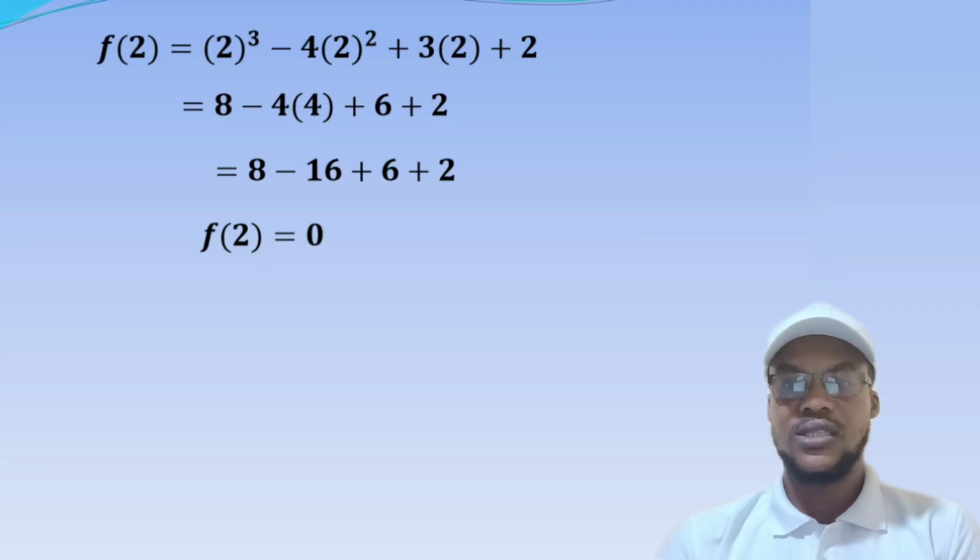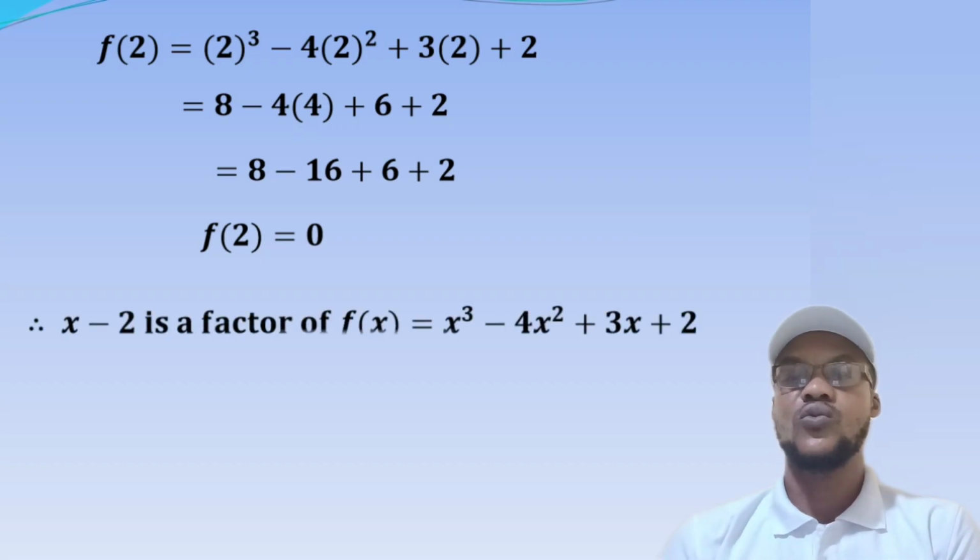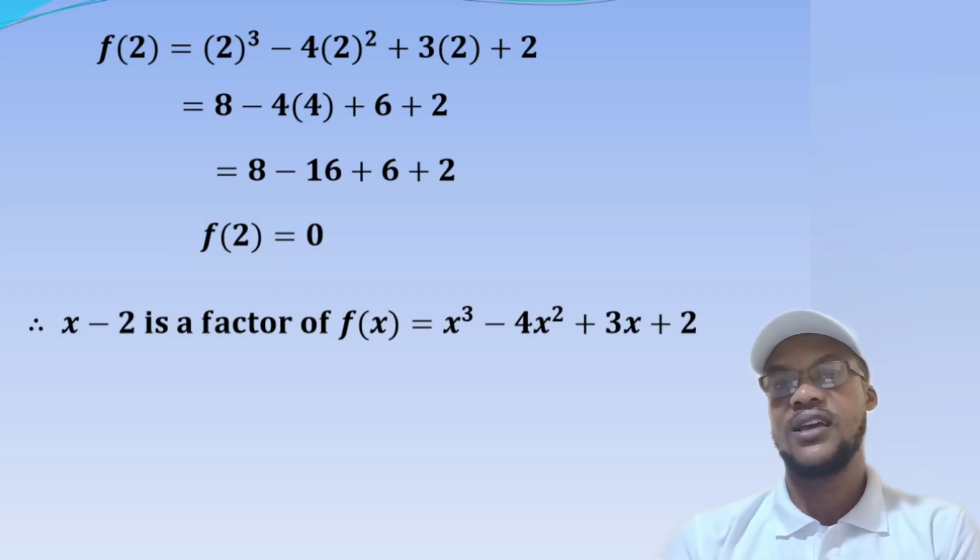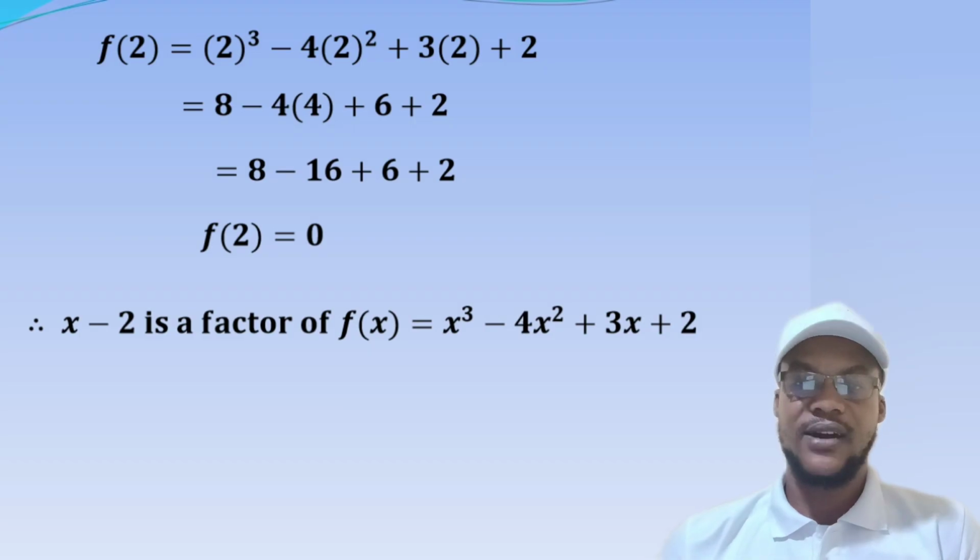Once we've gotten 0, we can say that x minus 2 is a factor of f of x. That is all about the factor theorem.